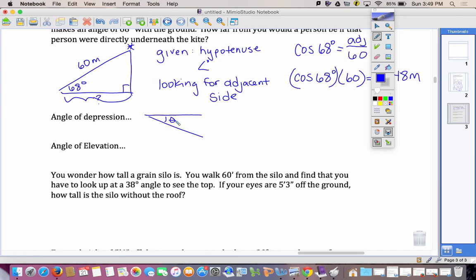And the angle of elevation, directly read from your book, is if the object is above the horizontal ray. So it would be going this way. So depression is below the horizontal, and elevation is above the horizontal.